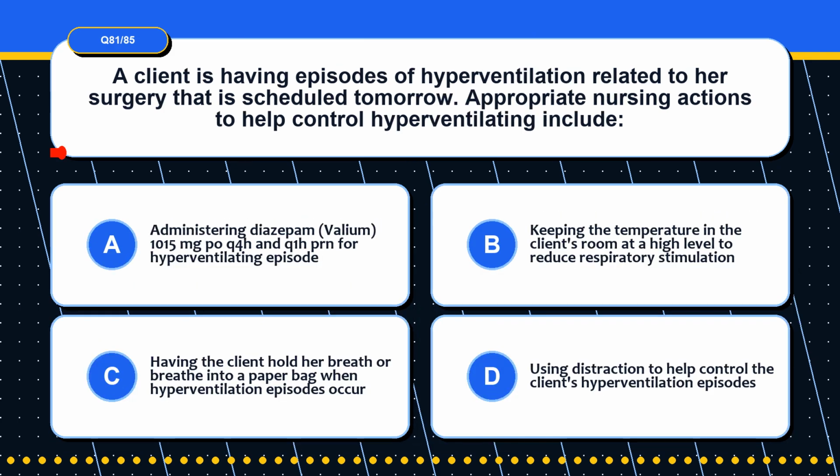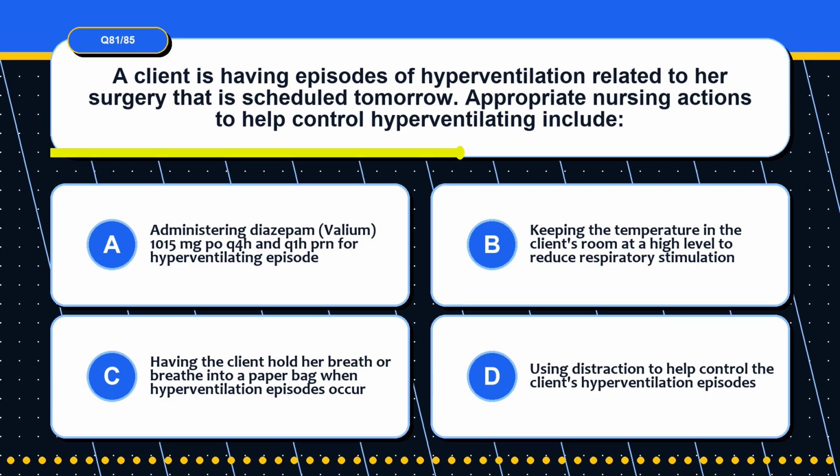Question 81. A client is having episodes of hyperventilation related to her surgery that is scheduled tomorrow. Appropriate nursing actions to help control hyperventilating include, here are the options. Option A. Administering diazepam Valium 10-15 mg PO Q4H and Q1H PRN for hyperventilating episode.